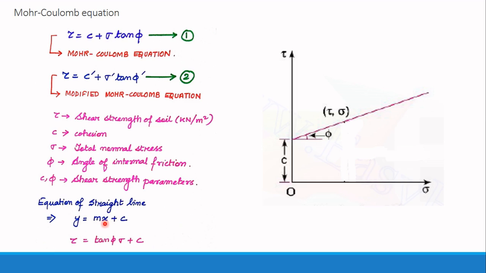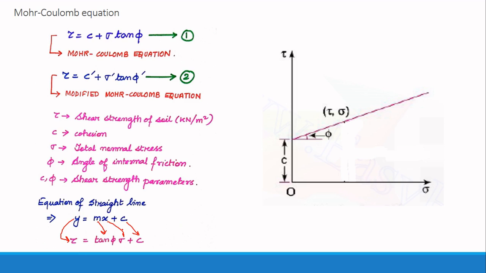If I compare the equation of a straight line with the Mohr-Coulomb equation, I will find that y is equivalent to tau, m is equivalent to tan phi, that is the slope, x is equivalent to the total normal stress, that is sigma, and c is kept as it is. So you can see I have correlated the Mohr-Coulomb equation with the straight line.